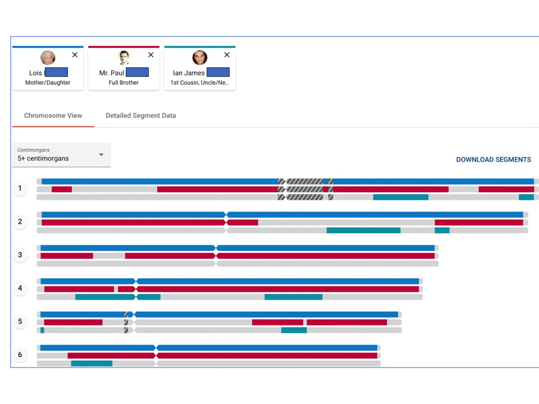Now, my brother is a much closer relative to me than is my great nephew, Mr. Supreme. So in the red, I share a lot more DNA length of segments with my brother than I do with Mr. Supreme. Now, why do my brother and I not share the entire 50%?